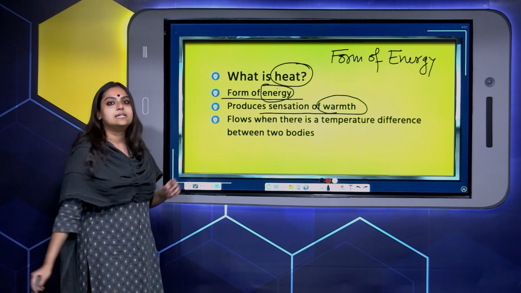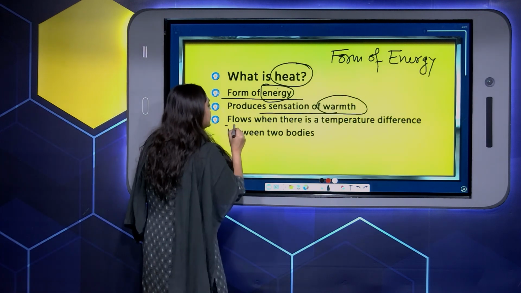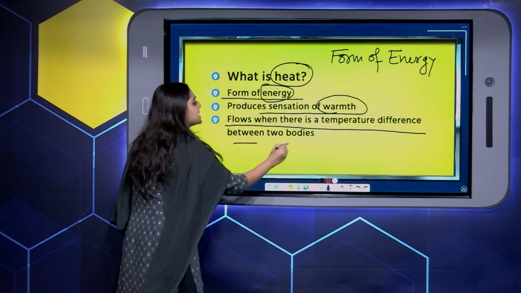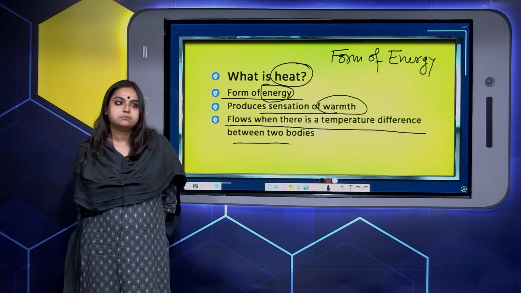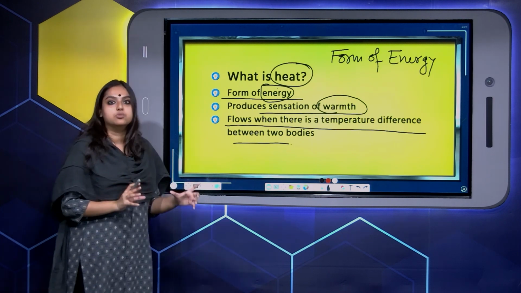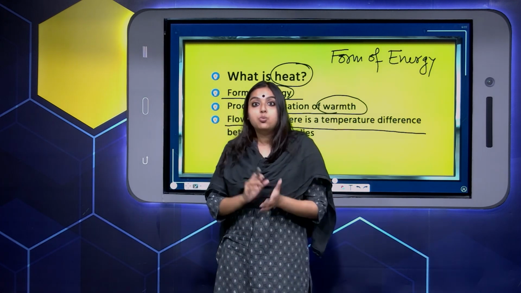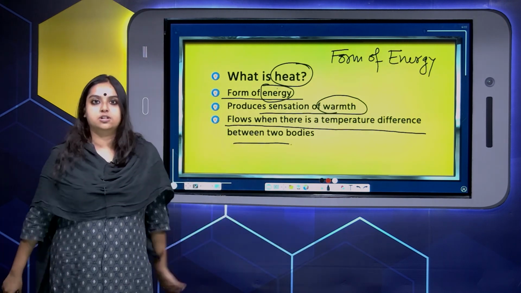And what is the last point? Last point says that heat flows when there is a temperature difference between two bodies. What does that mean? Heat flows from one body to another body when there is a difference in temperature of the two bodies.